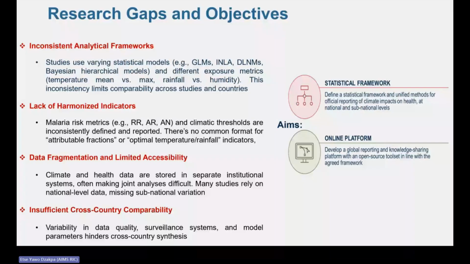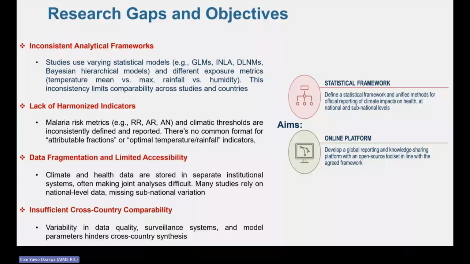The other gap is that we do not have a generalized system with integrated climate data, health data, and population data together to simplify policy evidence, so that we can inform policies and take action quickly to fight malaria.